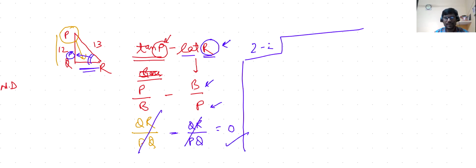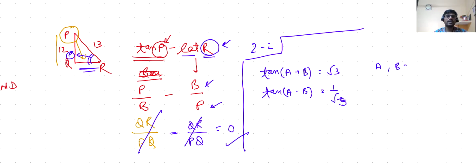Now I'm going to explain a simple case: tan (A plus B) is equal to root 3 and tan (A minus B) is equal to 1 upon root 3. They ask you to find the values of A and B. It is very simple.